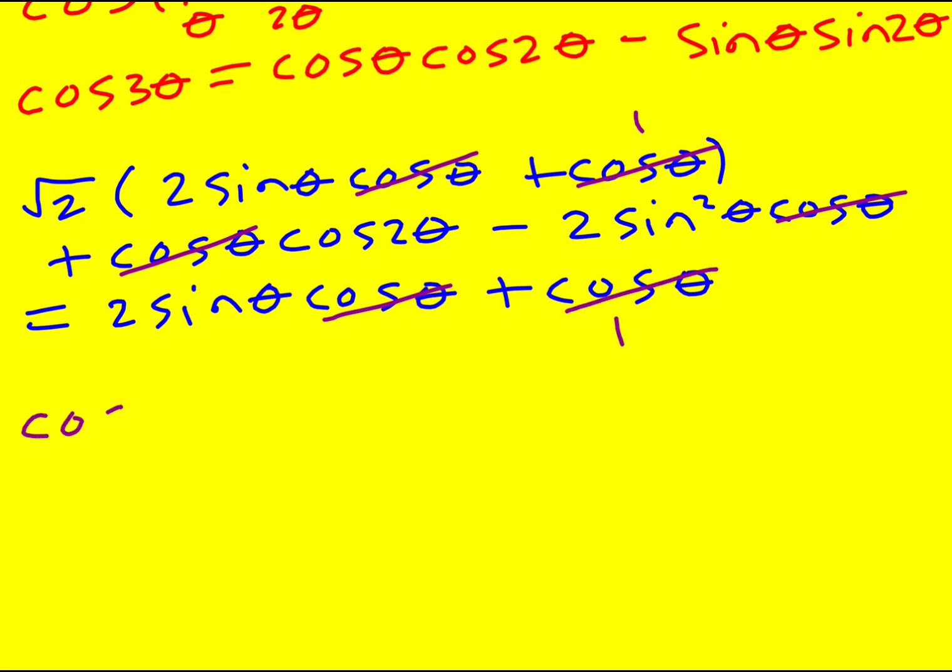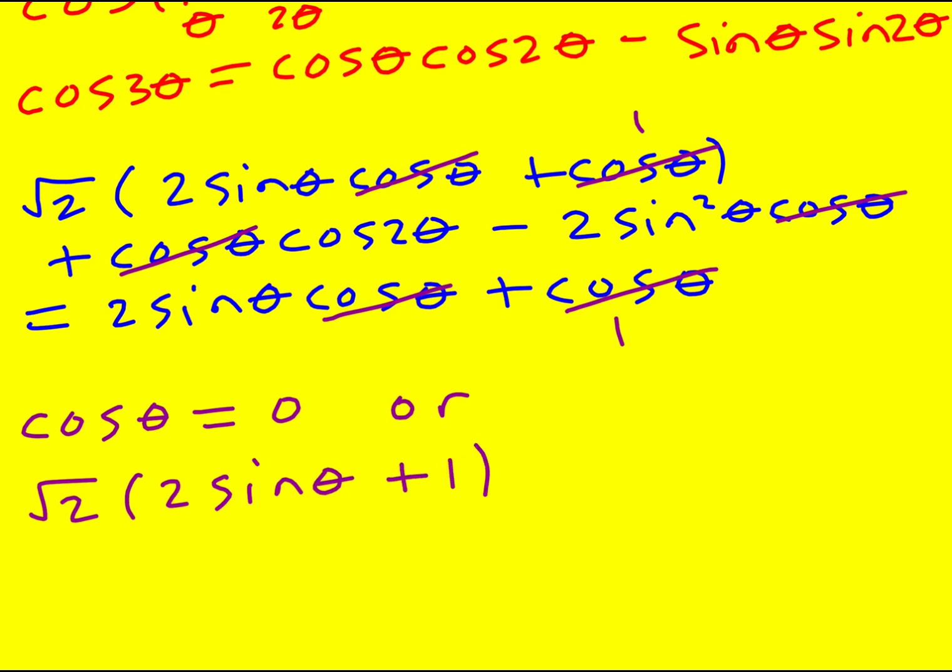So we have to include the fact that cos theta might be 0, or then we're left with what we've just simplified it to. And then I'm going to replace this, like I said, cos squared theta minus sine squared theta.